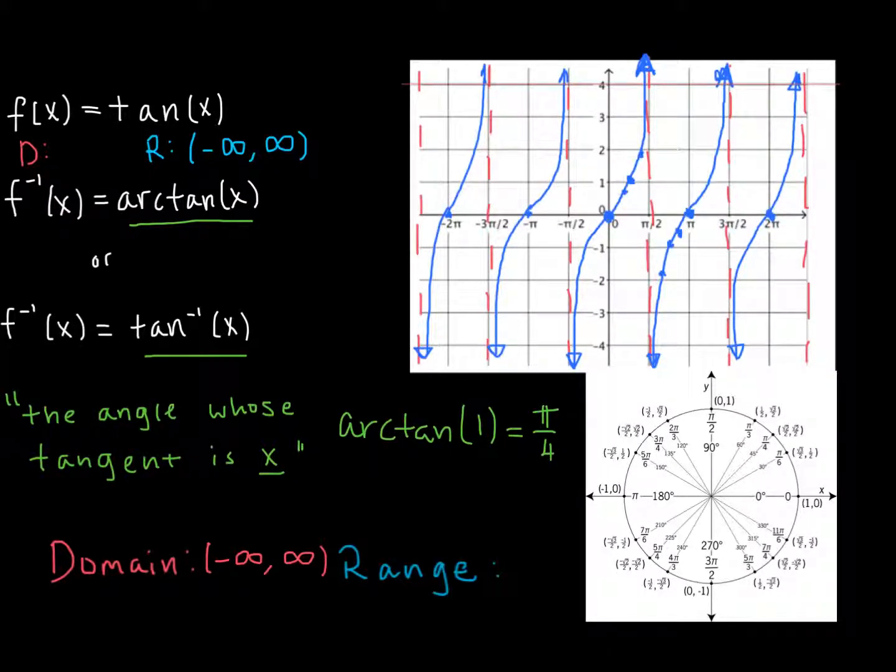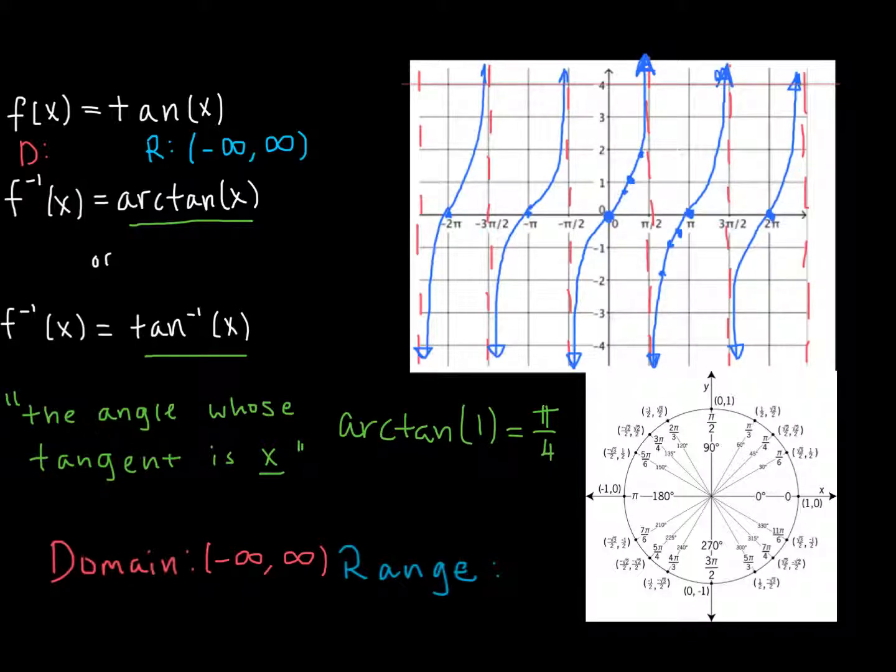So for tangent of x, it's pretty obvious that we can have any value between negative infinity and positive infinity, because you're going to be able to get as close to a perfectly vertical line, in either the upward or downward direction, and so you'll be able to get any slope you want. Which means that the domain of inverse tangent is going to be anything from negative infinity to positive infinity, meaning that for any value between these two, I can find an angle that has a tangent of that value. And that should make sense.